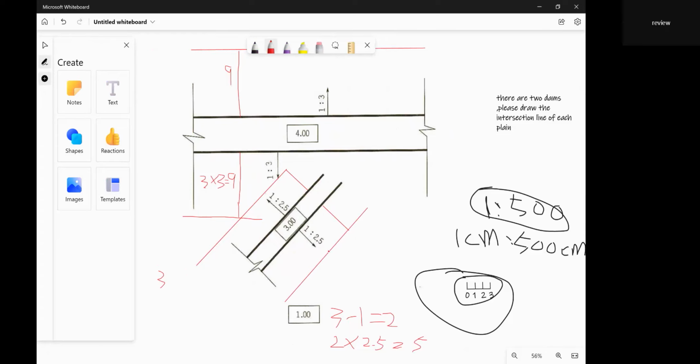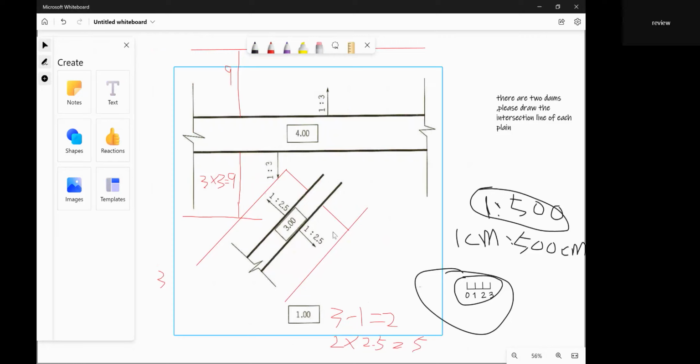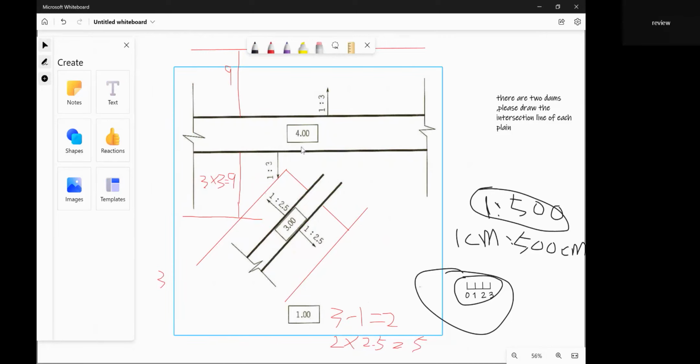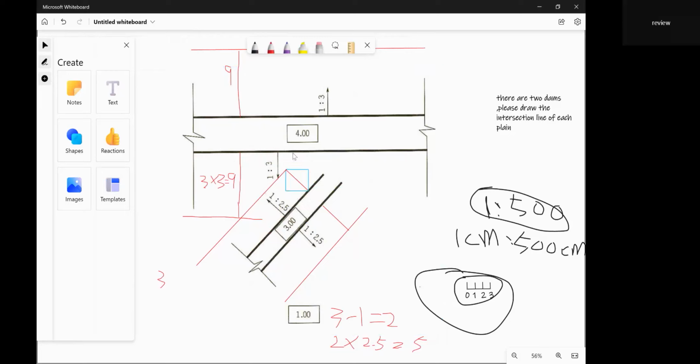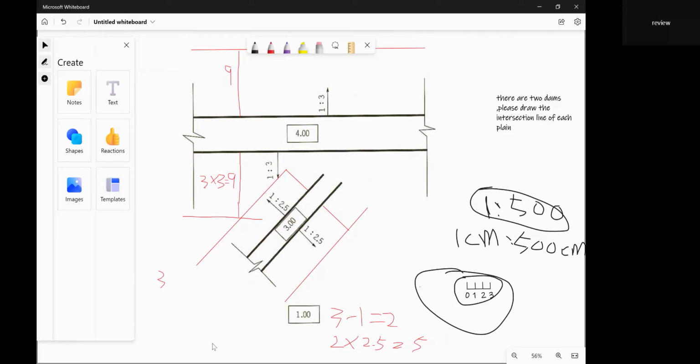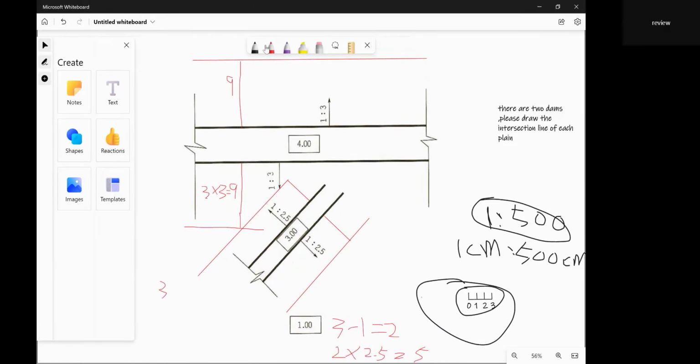The important part is to find the difference between this top and this top, which is 4 minus 3, equal to 1.